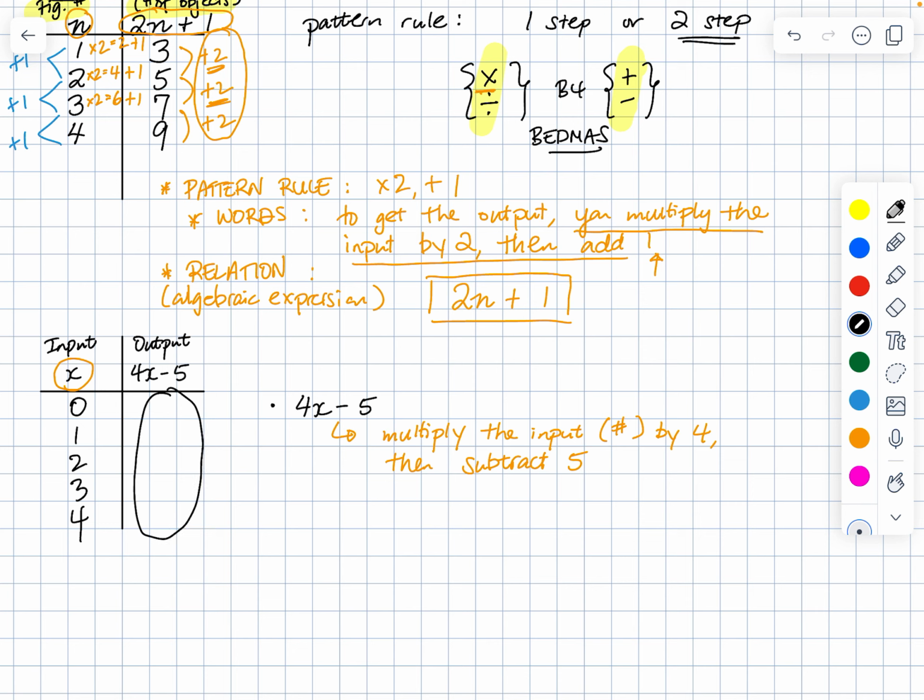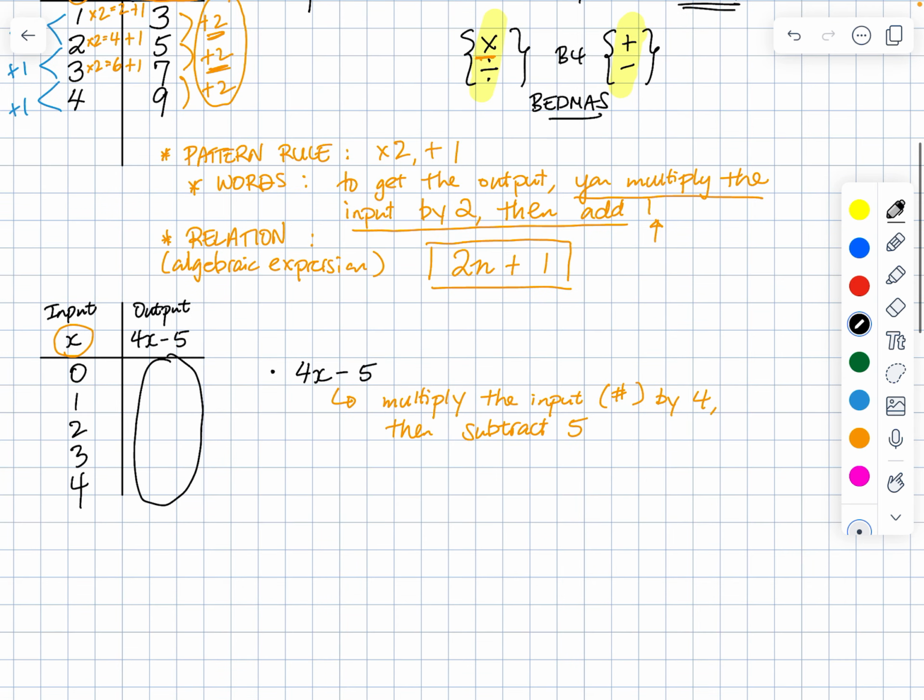Now if you notice, some of these you would have predicted already, some of your output values are going to be negative, and that's totally fine. So let's take 0 as an example. And again, if you want to do this on your own, pause the recording and try this out and then just check your answers. I'll do probably the first 3.